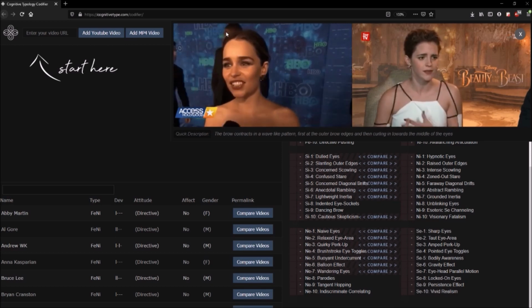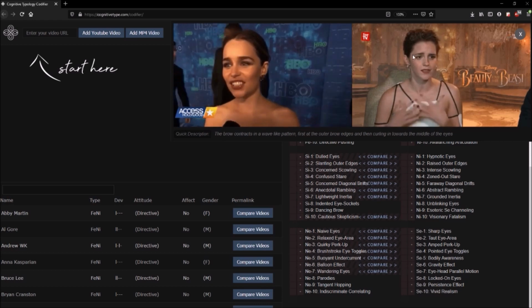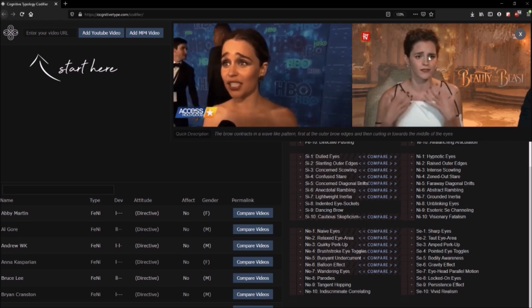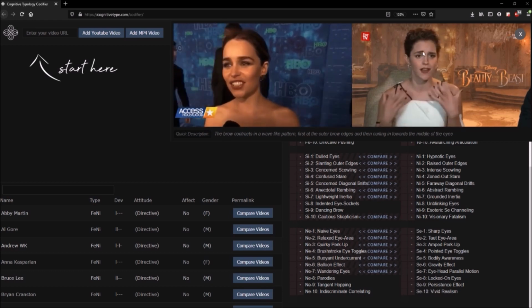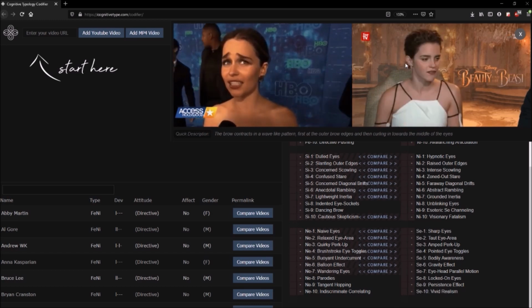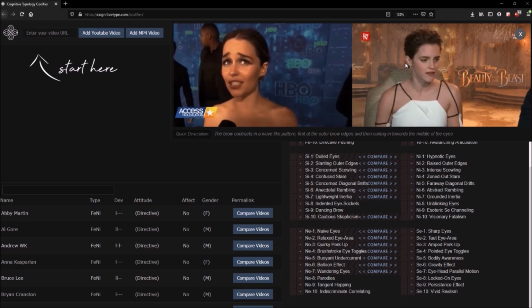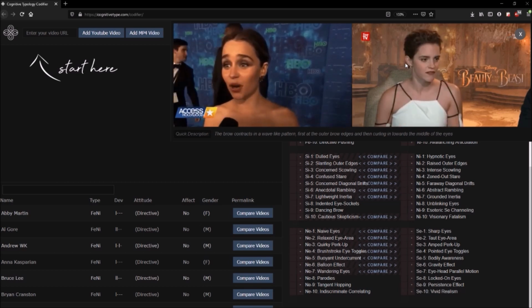So it goes this way, whoop, in that wave-like pattern. You can see it here. It's more subtle in this GIF, but it starts at the outer edges and it curves inward this way. So this is a more explicit example of what we saw in the confused stare, but this is not itself the stare. This is just the brow doing this curvature.